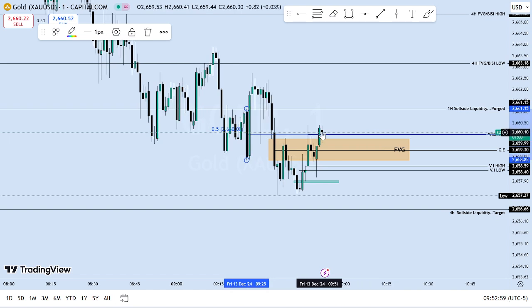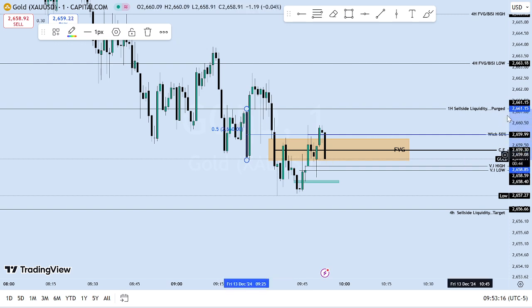Almost at the breaker, 50%. Breaker is a breaker block. We have high, low, higher high. Then we took it. This is acting as a breaker.